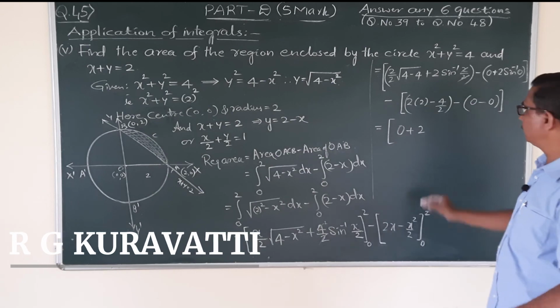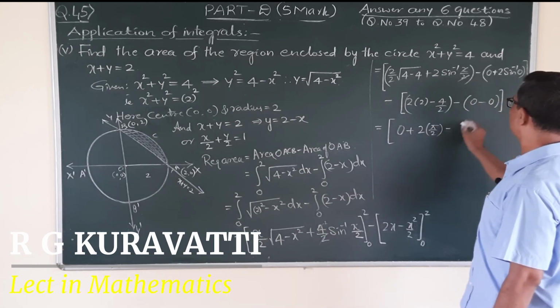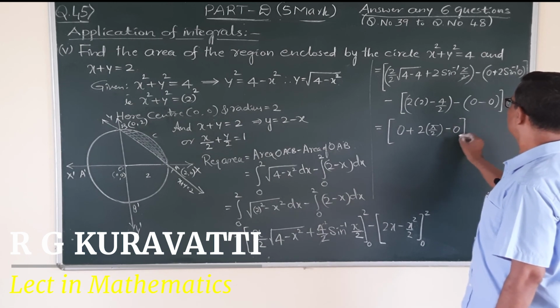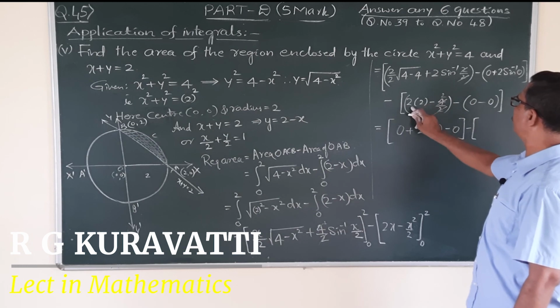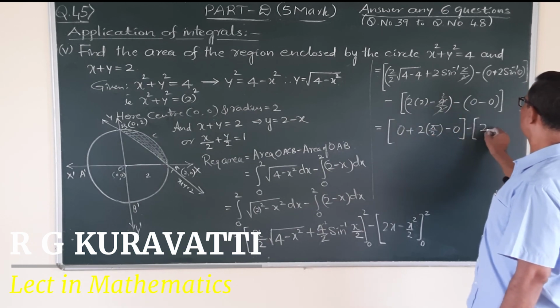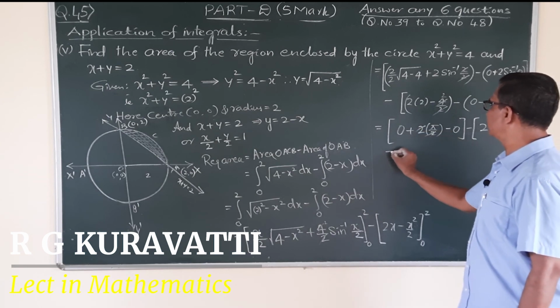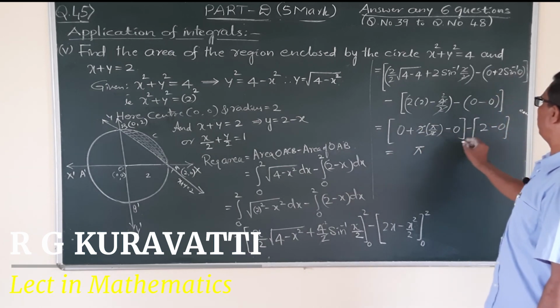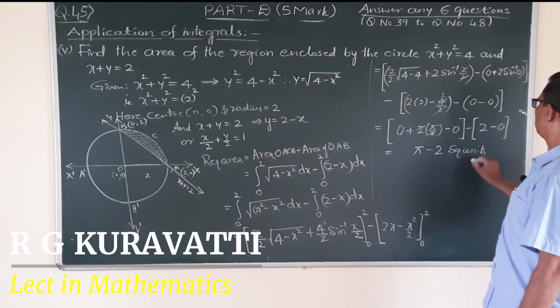Sin of which angle is 1? 90 degrees, pi by 2. Minus sin inverse of 0, which is 0, minus 2 times 2 is 4 minus 2, that is 2, minus 0. The 2 and 2 cancel, and that is pi minus 2 square units.